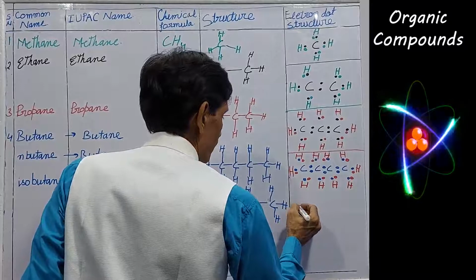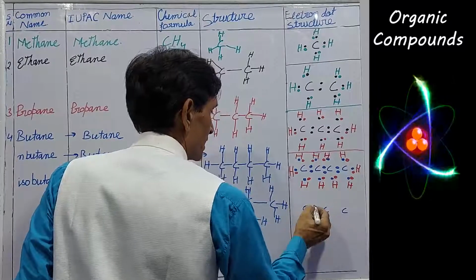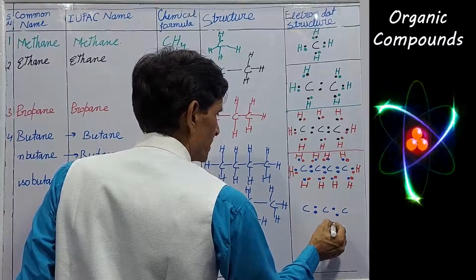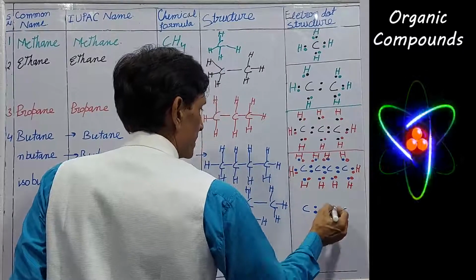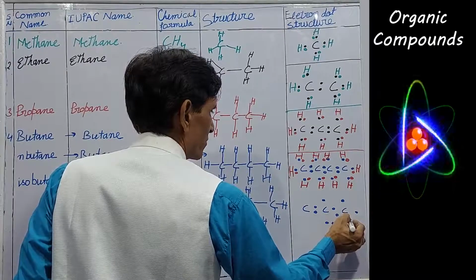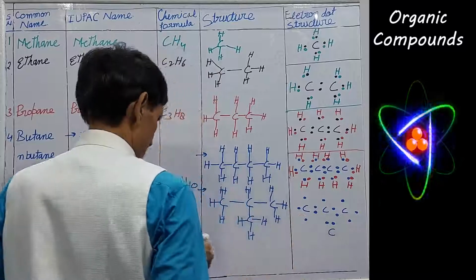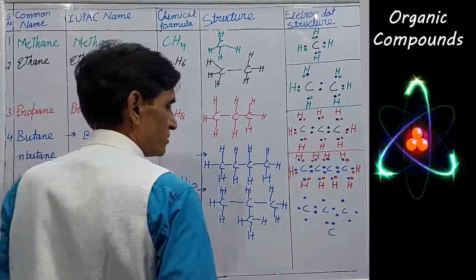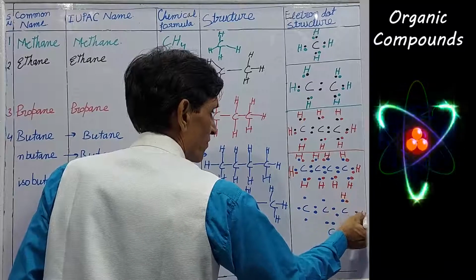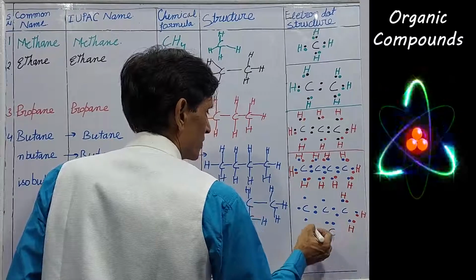Now the isobutane electron dot structure, 2-methyl propane. Here one carbon is present here, one here, another there. Between the carbons there is a pair of dots, and one more carbon is present here as a branch. Then electrons are there for each hydrogen atom, and red dots represent the electrons of hydrogen.